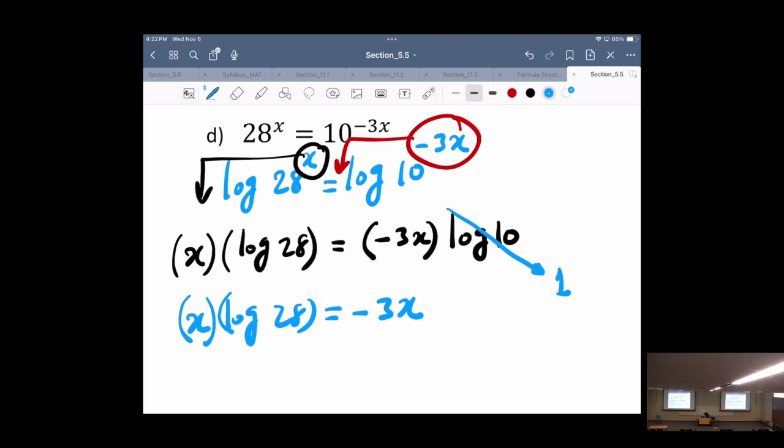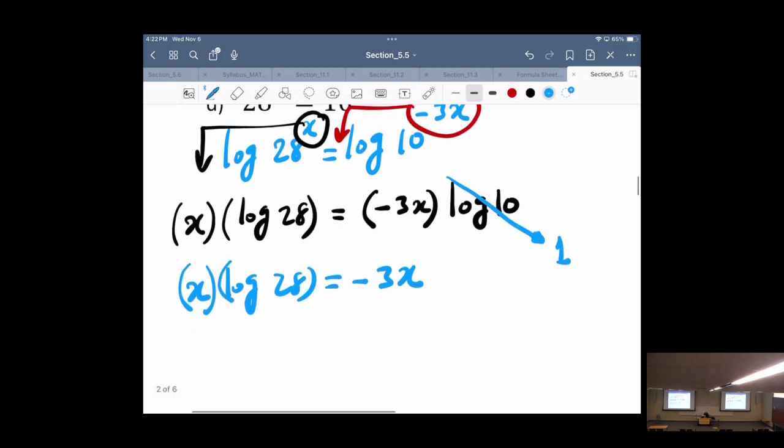Yeah, no problem. So in this case, we have this equation, but we can't really cancel out the x terms. If there were numbers, we could cancel them, but we can't cancel x terms. So we have to bring both x terms to one side and factor the x.